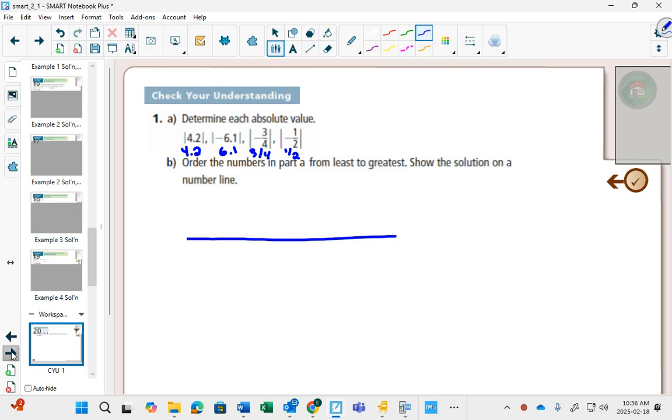So if you had to put these on a number line, 0, 1, 2, 3, 4, 5, 6, 7. Does it make sense that the absolute value of 4.2 would be right there on your number line?